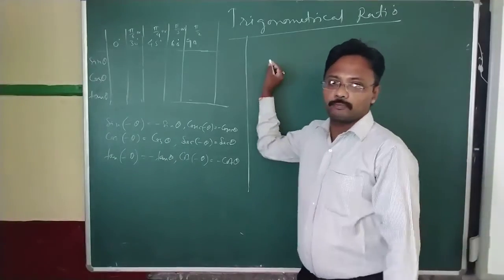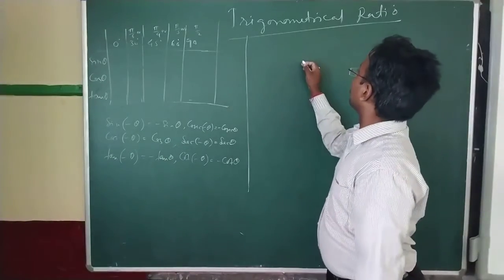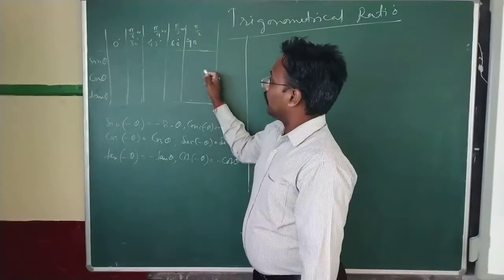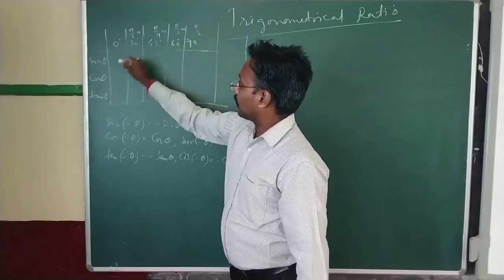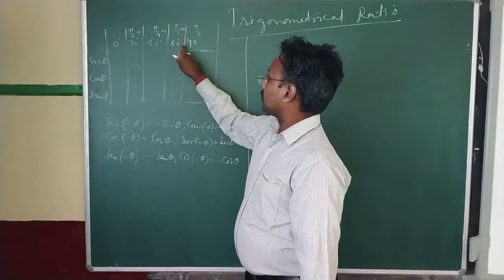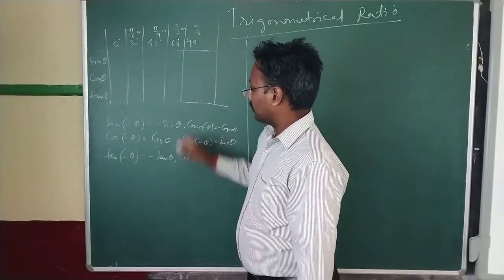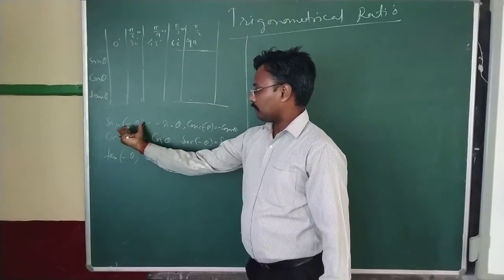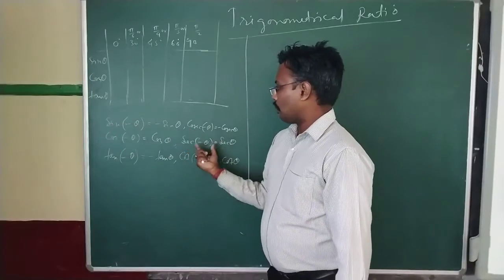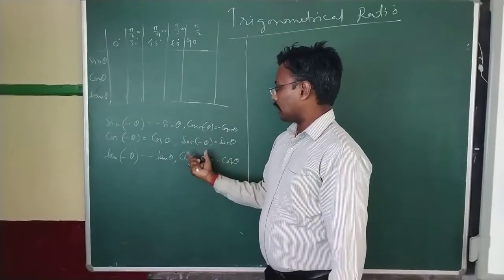Okay, good morning, boys. Today we'll continue with trigonometric ratios, and in the previous video it was given the table of all the standard angles with sine 0, sine 30, sine 45, sine 60 and sine 90. Also it was given some of the negative angles of sine, cos, tan, cosec, sec, cot.